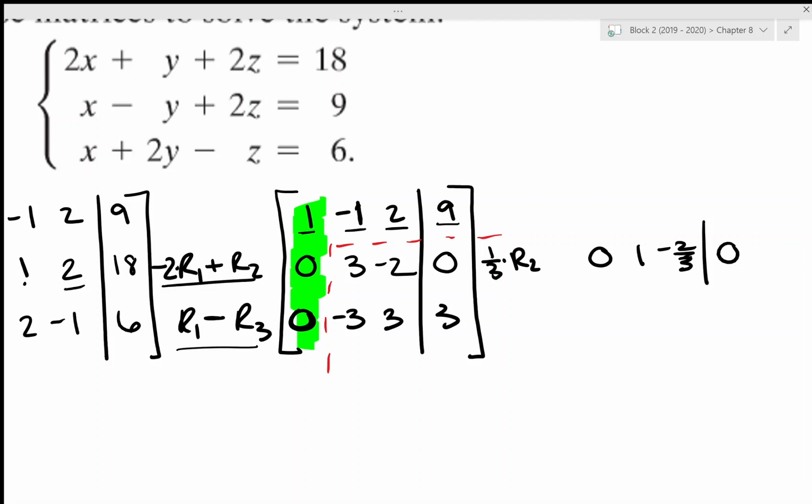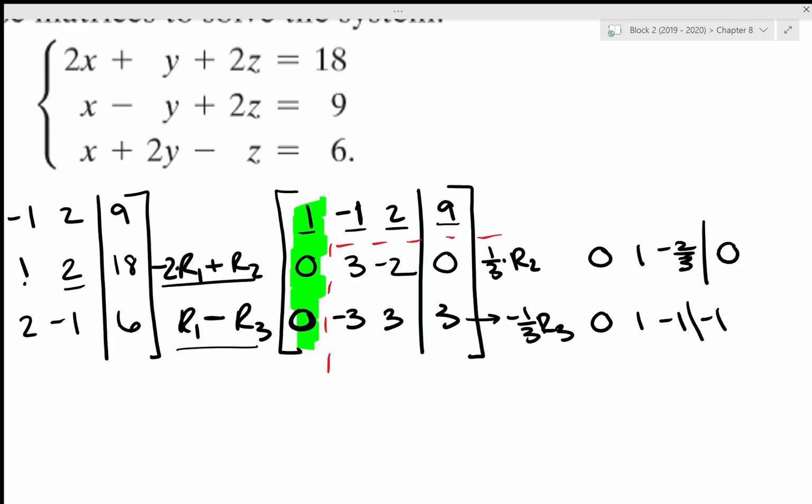So if that happens, look at the other row. Look at row 3. If I multiply negative 1/3 to row 3, I would get 0, 1, negative 1, line, negative 1. If you find that row 3 is easier to get a 1 in the middle spot than row 2, you can swap them.